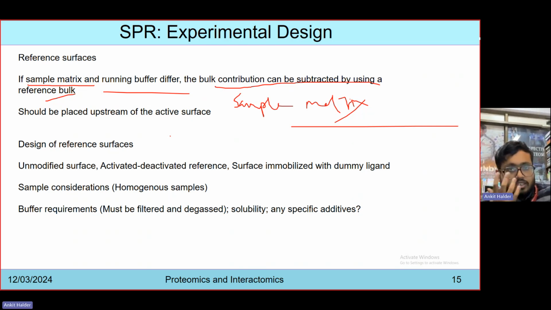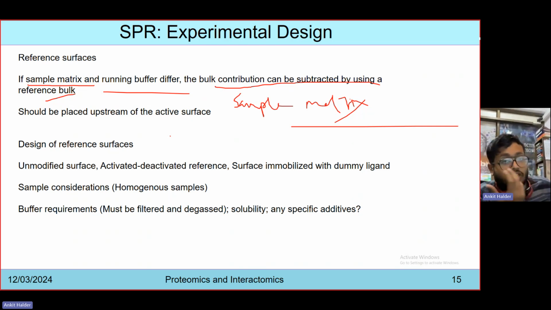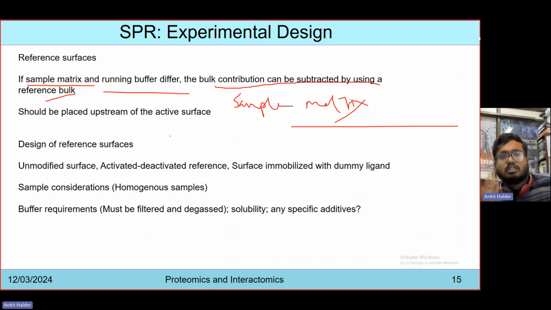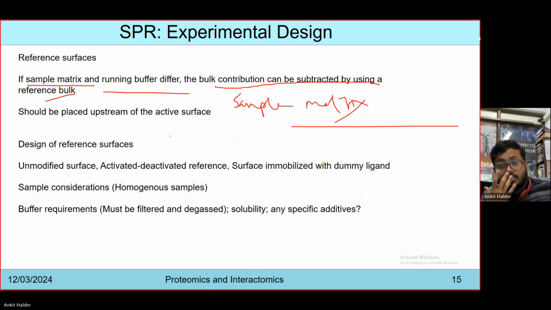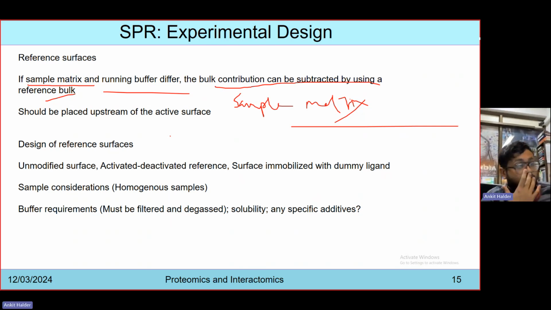The problem is that the bulk effect, the refractive index of the sample matrix and the running buffer, differs to some extent. Then what?